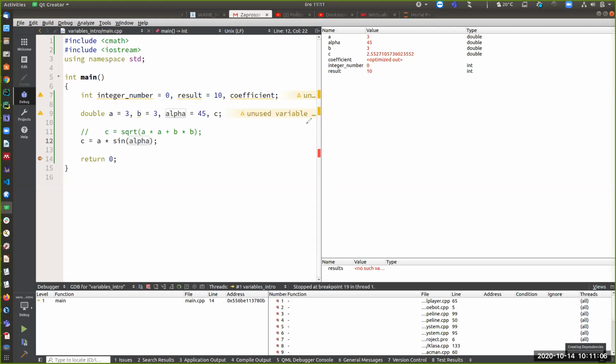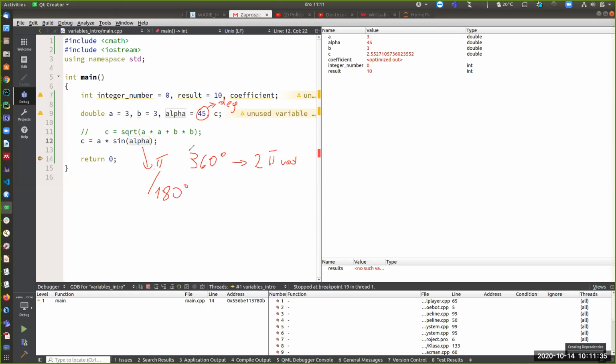So look, 360 degrees corresponds to 2 pi radians. So when the value is expressed in degrees, I have to divide it by 180 degrees and multiply it by pi.